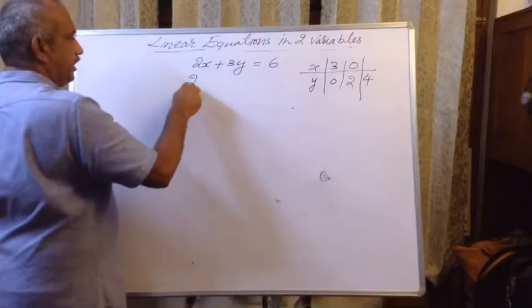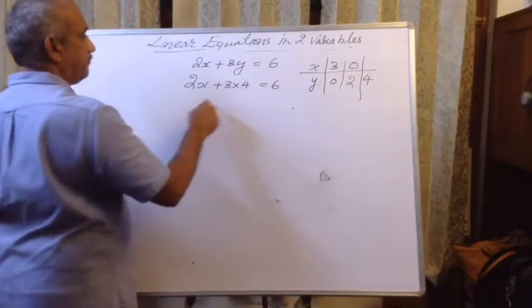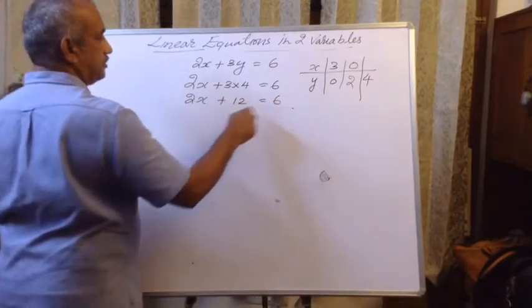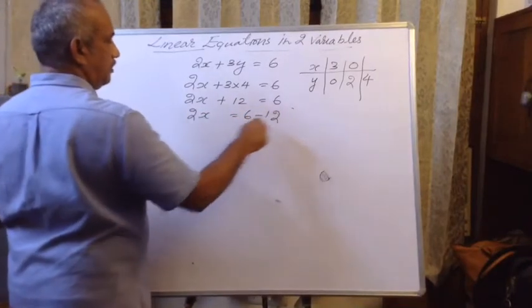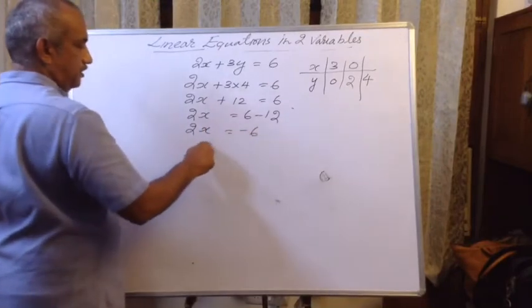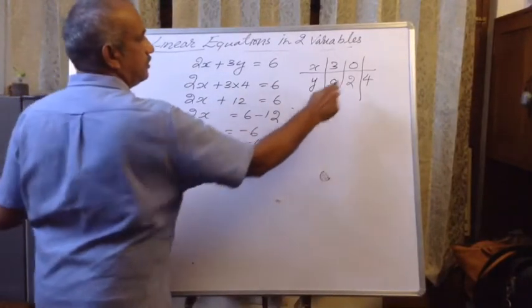So 2x plus 3 into 4 is equal to 6. 2x plus 12 is equal to 6. 2x is equal to 6 minus 12. 2x is equal to minus 6. x is equal to minus 6 upon 2 is equal to minus 3.